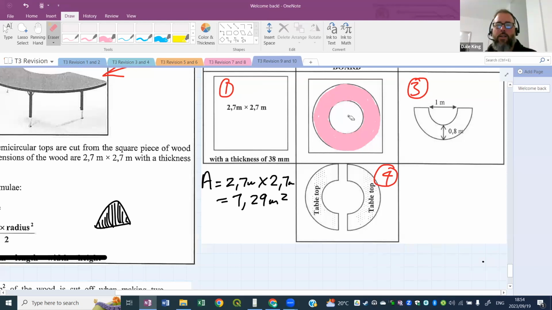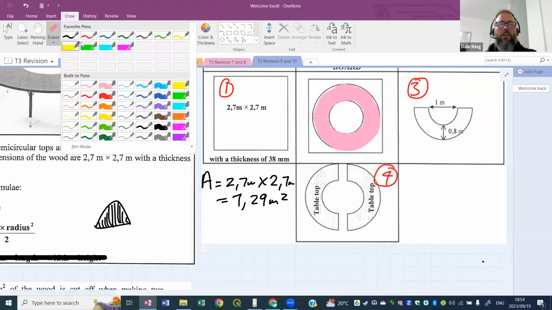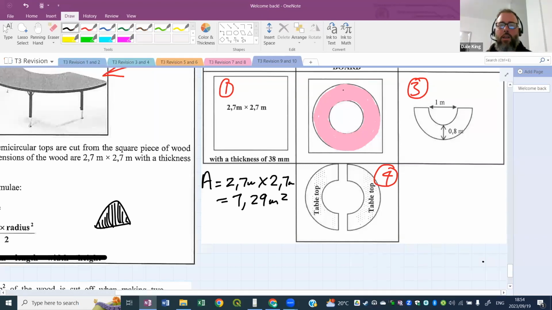So we have to work out the area of this pink part here, and then subtract it from the area of the square.